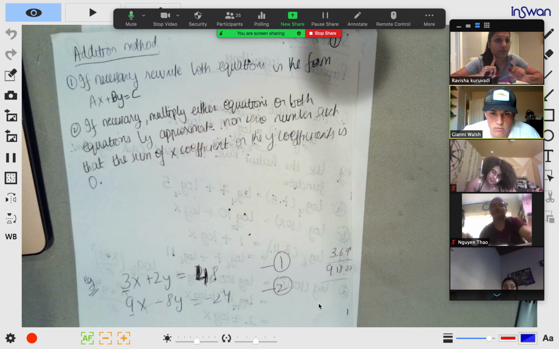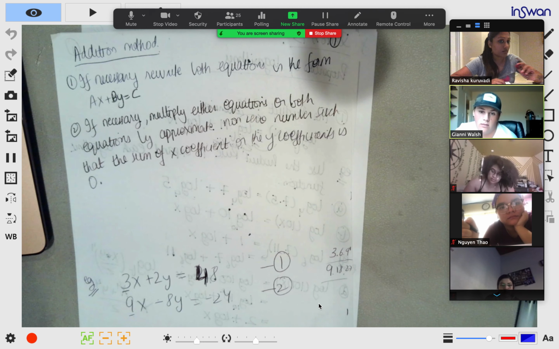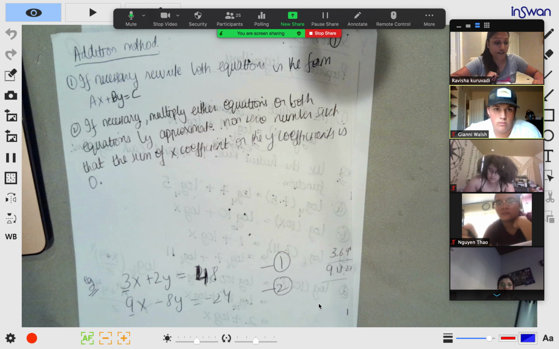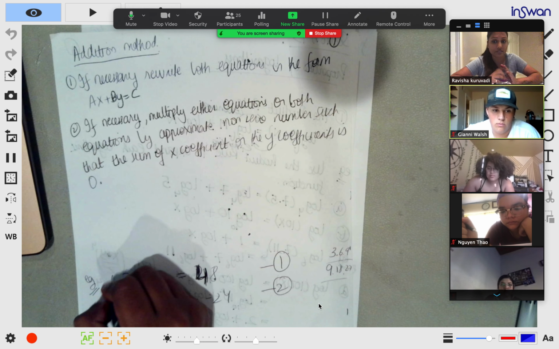Multiples of 3 and multiples of 9. What's common between them? 9, exactly. So I need one as 9 and I need one as negative 9. This is already 9. I need this to be negative 9. What should I multiply the whole row with to make it negative 9?